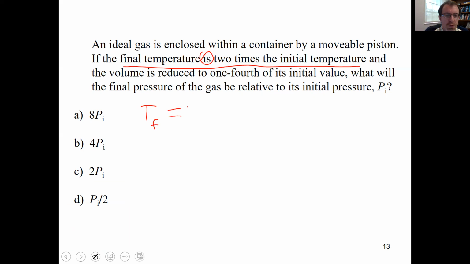Is what? 2 times the initial temperature. So there's a relationship between final temperature and initial temperature. What's next? The volume is reduced to 1/4 of its initial value. So final volume, again, is, and then what? It is 1/4 of its initial value.